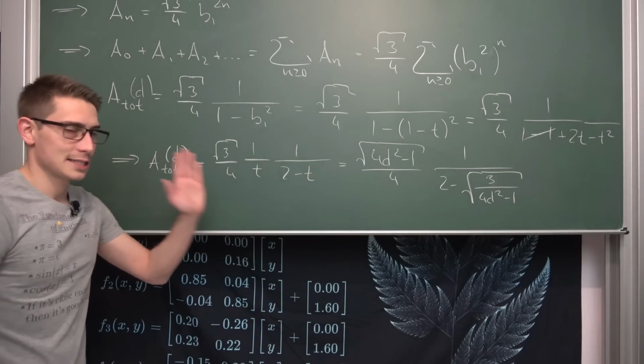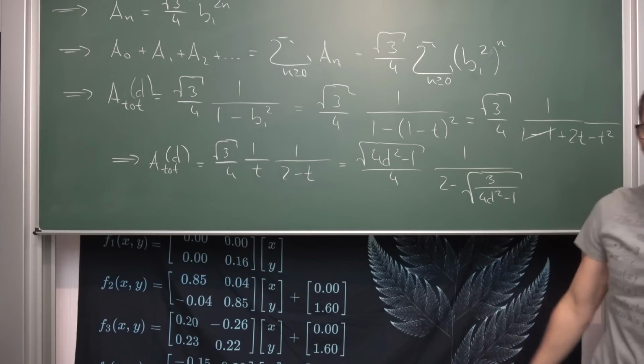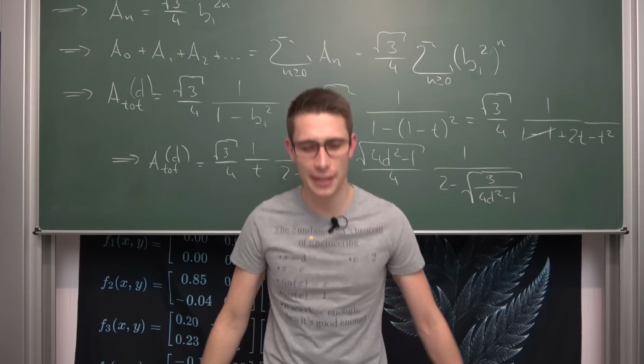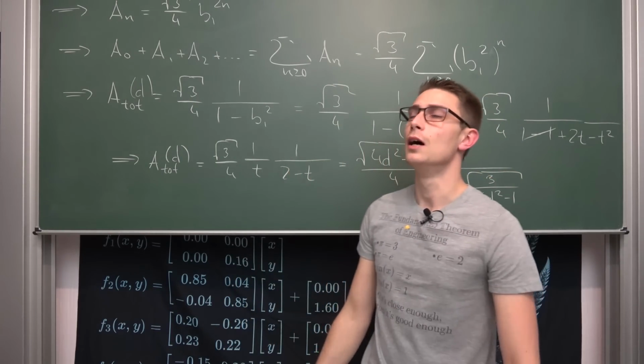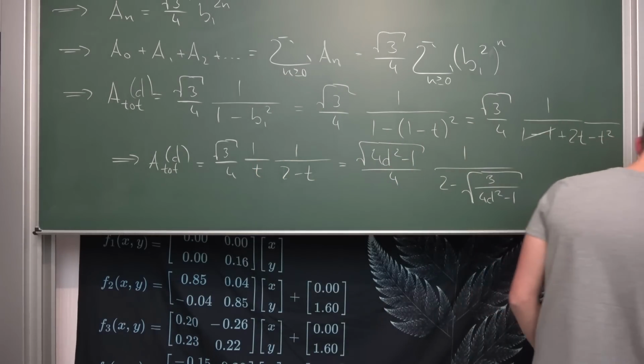And this right here is, as promised, the very ugly looking formula for the total area of all equilateral triangles stacked together.